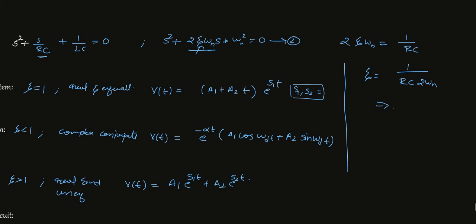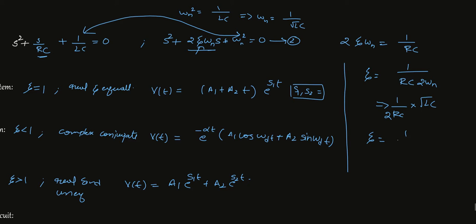Comparing the other terms, omega n square is equal to 1 by LC, so omega n is equal to 1 by root LC. Substitute this value and zeta is equal to 1 by 2R into root over L by C.